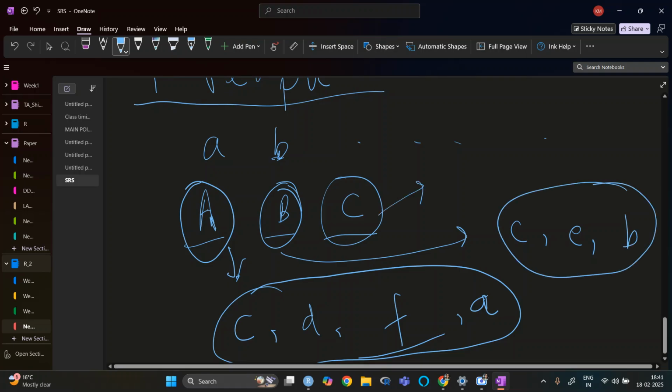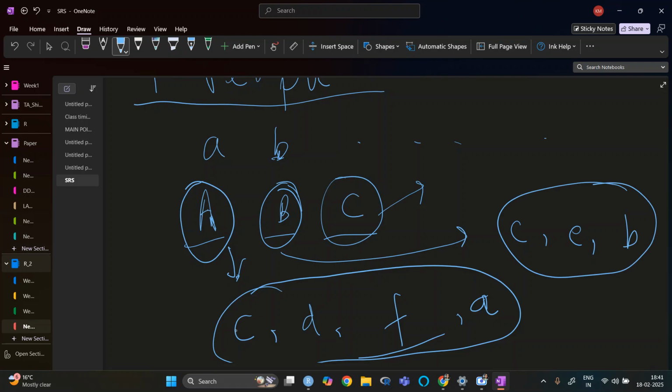And in this, if I'm saying that we can have, let's say, B, D, A, so it can be repeated. In real life, if it is one place, then repeating a person doesn't make any sense.